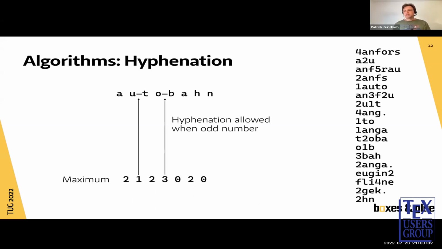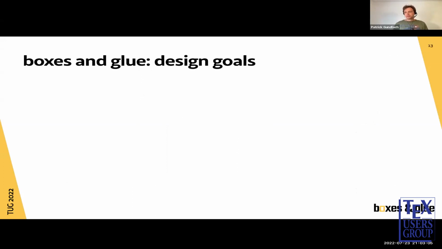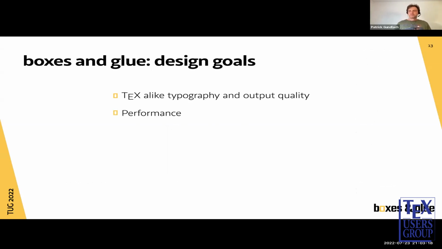I have some design goals for boxes and glue. The first one is obvious. It's TUG-like typography and output quality. We don't need to discuss that. And boxes and glue should be as fast as LuaTeX. Text internal data structures, which I've mentioned before, the nodes, are very well suited for representing a typesetting problem, I think.